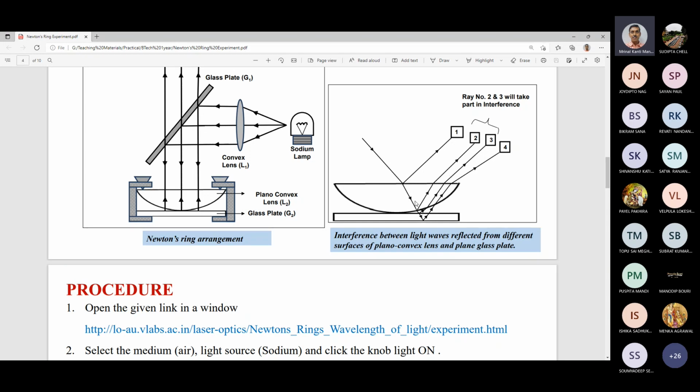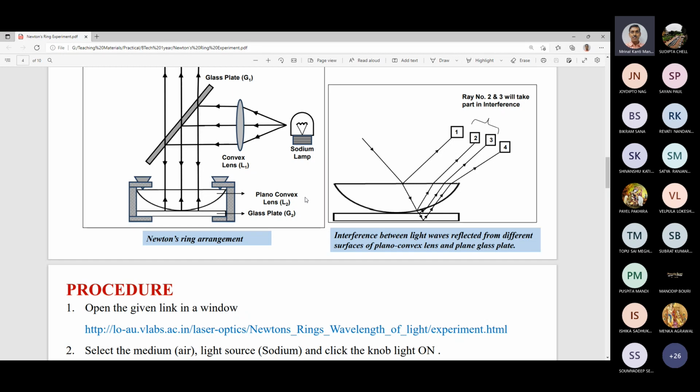So here the path difference will introduce an extra phase difference. That extra phase difference is pi here, right? We will discuss why it is pi in the theory class, but I will inform you that there is an abrupt phase change when it is reflected back by a denser medium.